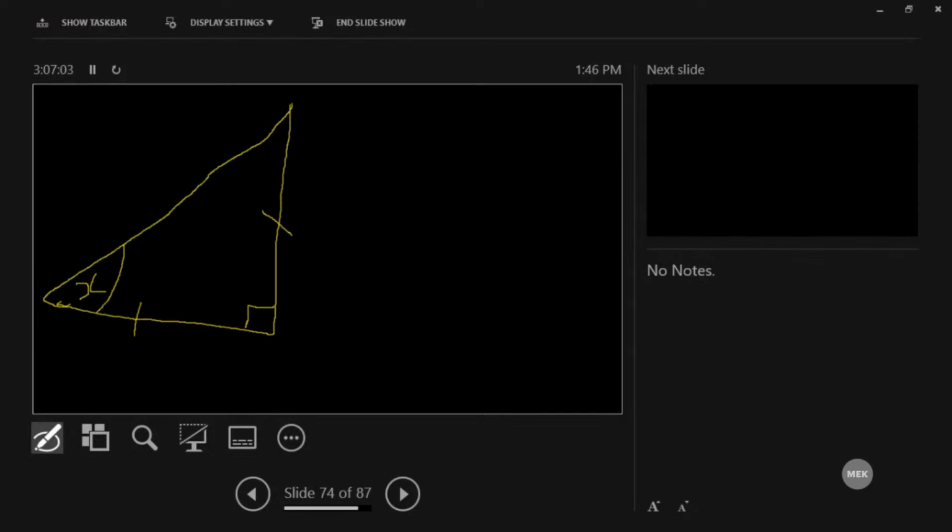All right, so what do you say, guys? How do I find X? So Aiden is saying 180 minus 90. And Najara is saying divide 90 by 2.